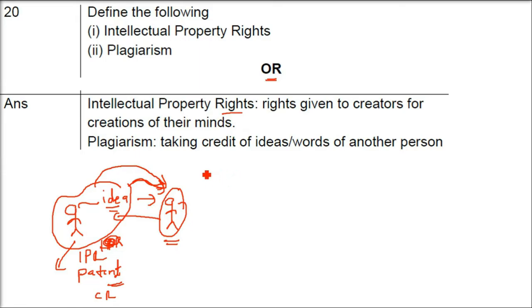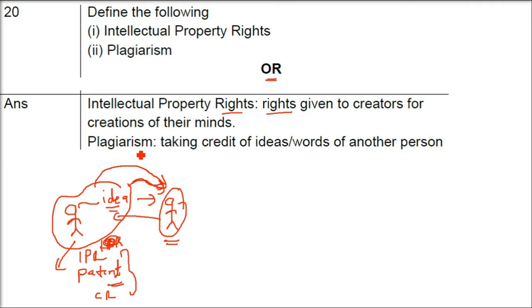Intellectual means coming from the mind. Intellect means mind, logic. It is coming from that. No one else can steal it or use it or misuse it or make money from it.